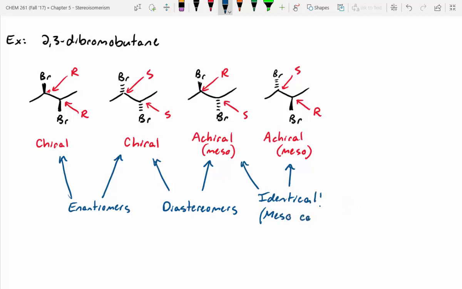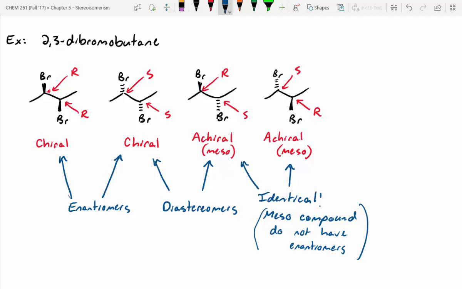So meso compounds do not have enantiomers. Does that make sense? Because we know the enantiomer of a meso compound is the same thing, right? So while I did draw 4, really we didn't need to draw 4. There are only 3 unique isomers for this compound.